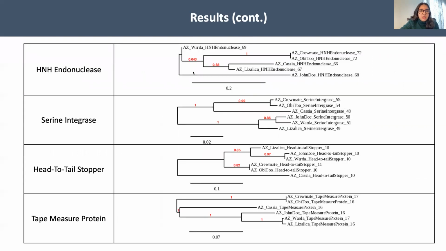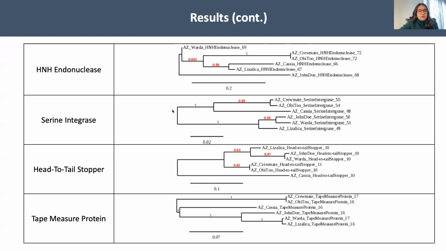For example, in the HNH endonuclease protein, we have a bootstrap value here of 0.043. This indicates that there was only a 4.3% chance that this branching event did actually occur. So it is quite likely that Warda isn't actually different from the remaining phages in terms of its HNH endonuclease.